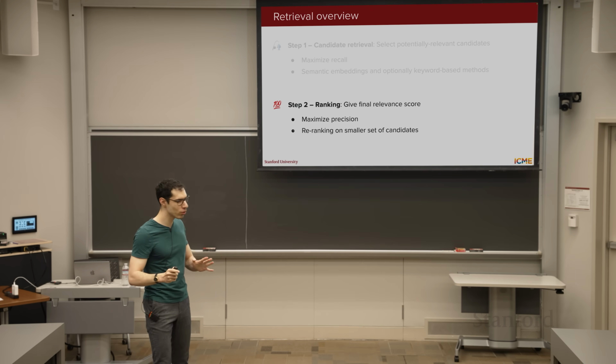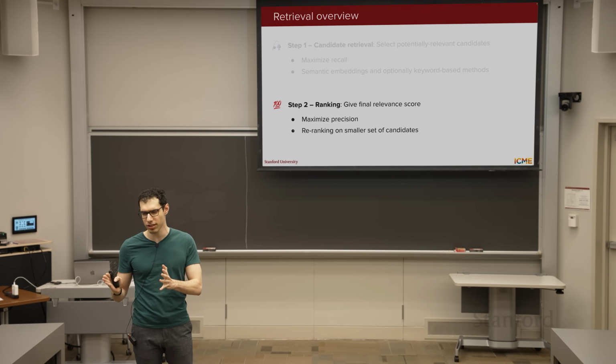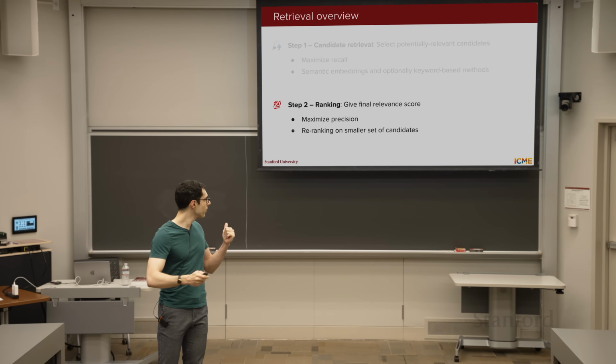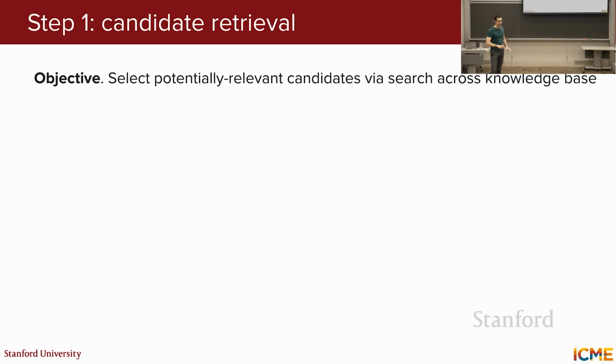OK, cool. So now that we're clear on the two main stages of retrieval, we're going to focus on each one of these steps. As I mentioned, the first step is candidate retrieval. Here, among that potentially huge knowledge base, we want to filter it down to, let's say, O of 100 potentially relevant candidates.